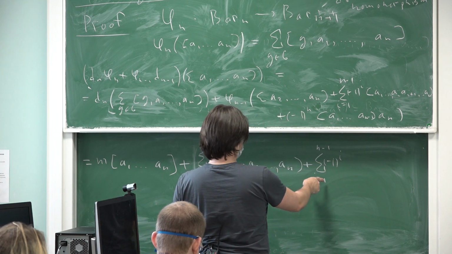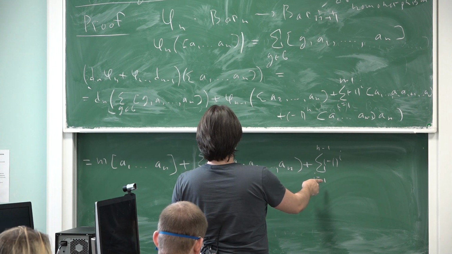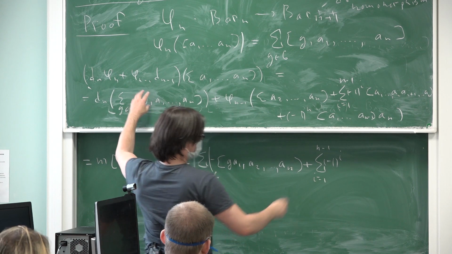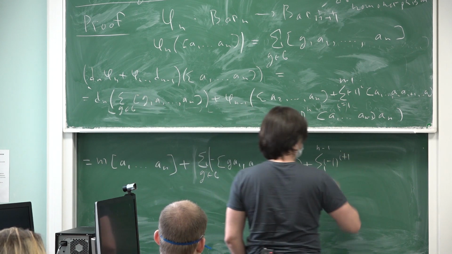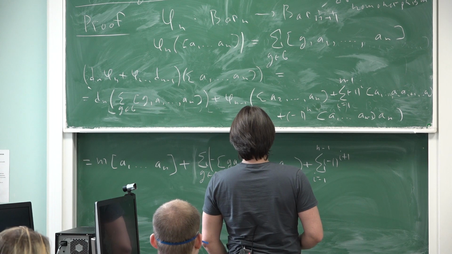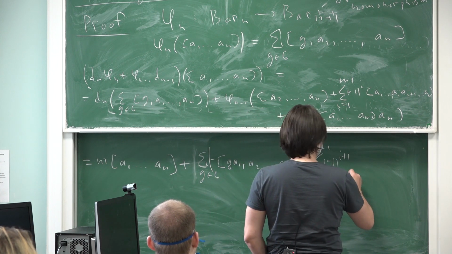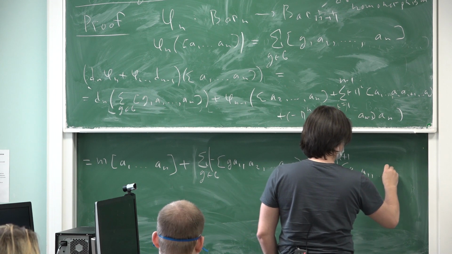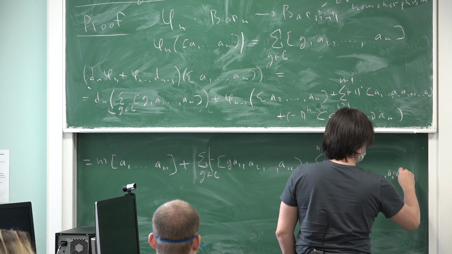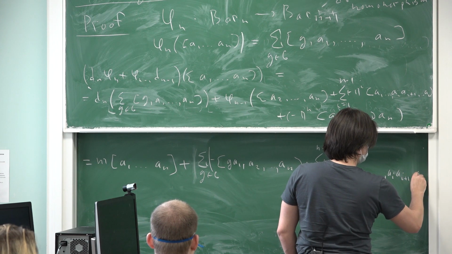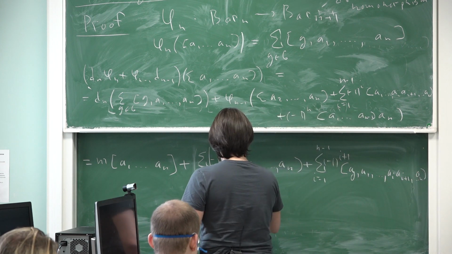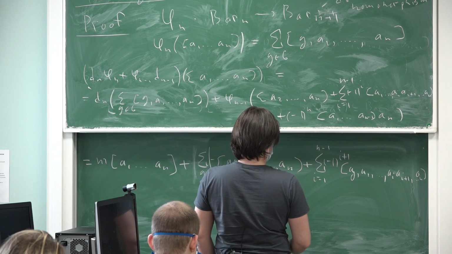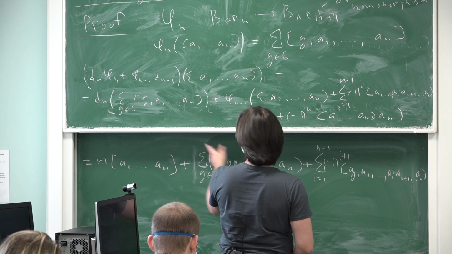Since you put here g, it is shifted, so for 1 you get I plus 1, g a1, so on, ai plus 1, so on an, plus minus 1 in what power?